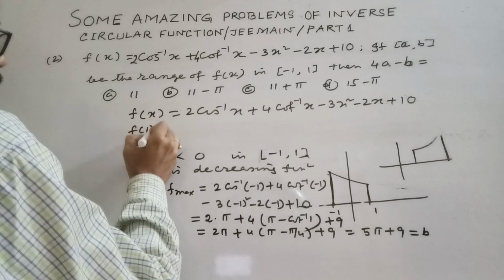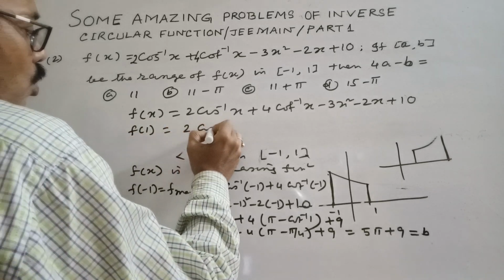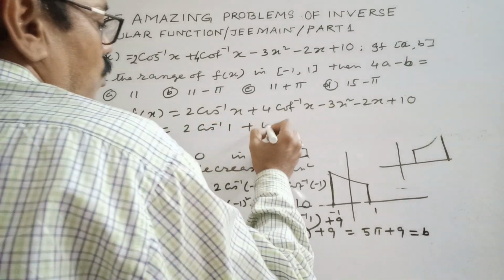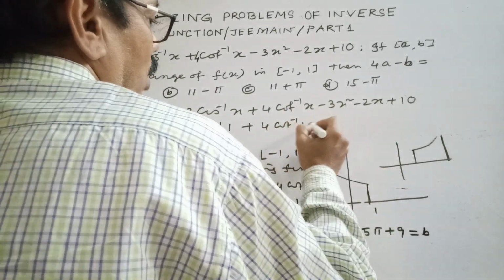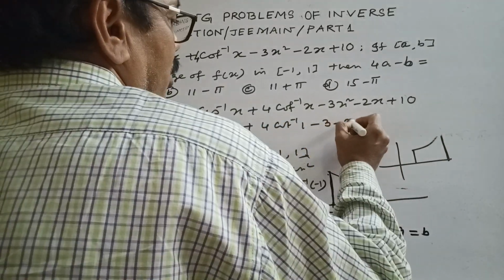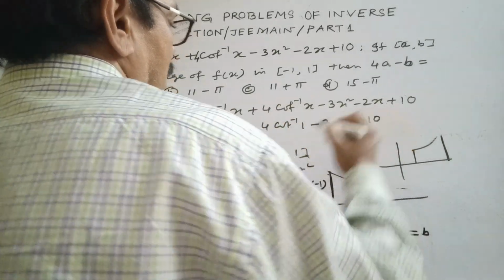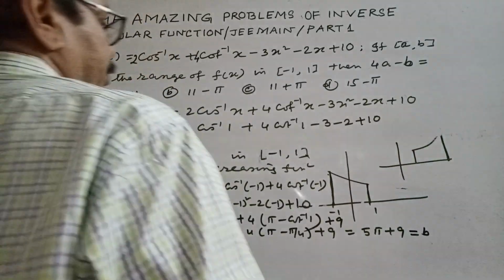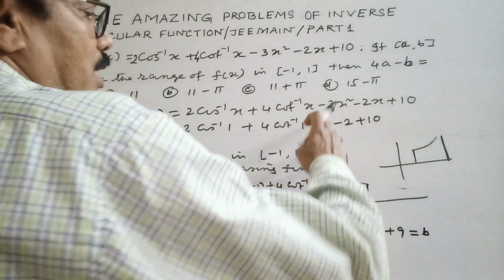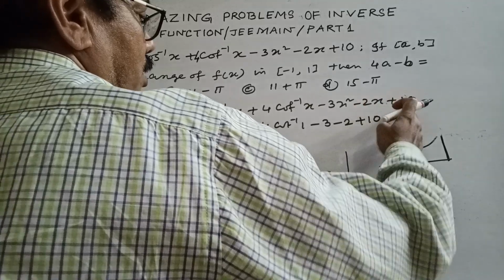f(1) equals 2 cos inverse 1, 4 cot inverse 1, minus 3 minus 2 plus 10.